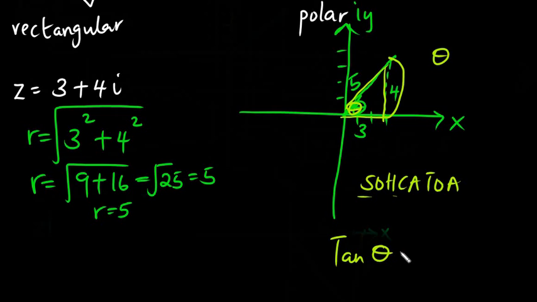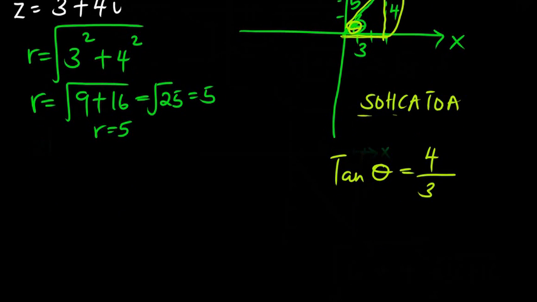So tan theta, where this is theta, is going to be the value of the opposite line, which is 4, over the adjacent line, that is 3. You can use your calculators to find the value of theta.